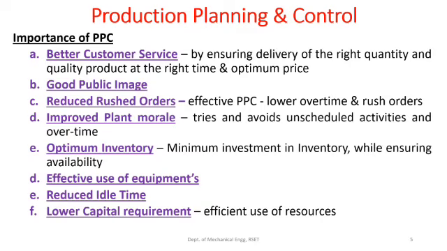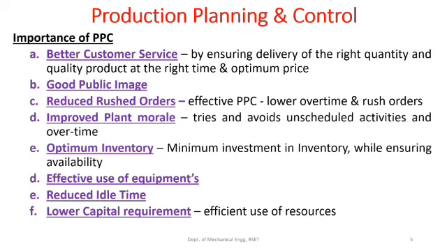Then PPC also helps the company have a good public image. The public image is basically the way in which the public view a company in terms of its product quality, its delivery commitments, its pricing, etc. So a good public image can be ensured by ensuring that your production planning and control, or PPC, function is working correctly. Then it also reduces rushed orders.